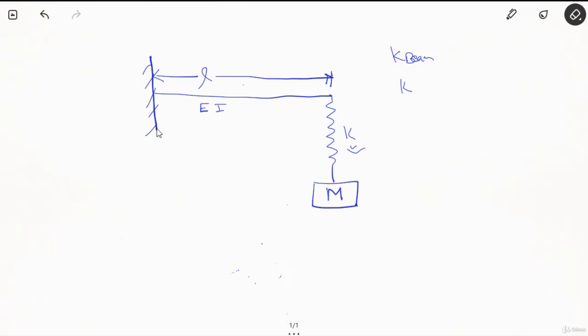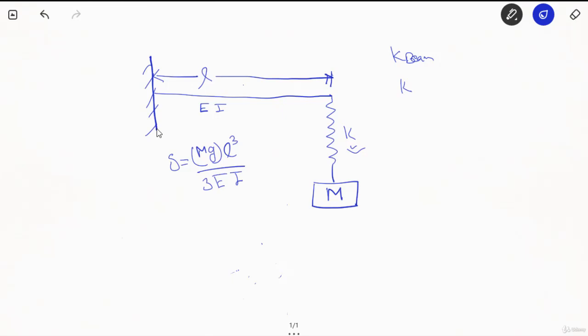Okay. Now the beam's stiffness, as I explained earlier, I'll explain it one more time. The deflection in that case, when it is subjected to a free end load, is mg L cube by 3EI. This is the formula which we have got from strength of materials, beam's deflection theory.